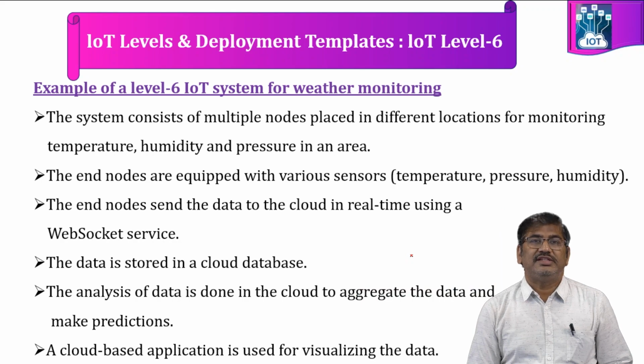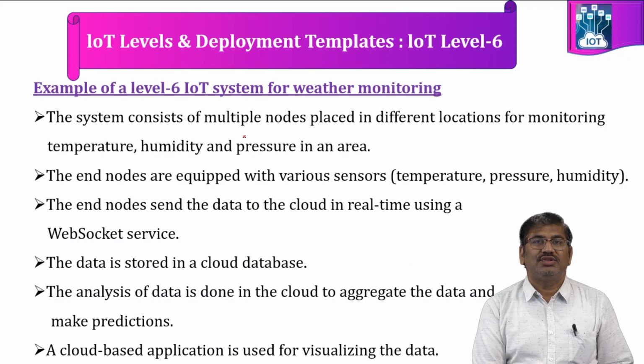An example of a level 6 IoT system is weather monitoring. The system consists of multiple nodes placed in different locations for monitoring temperature, humidity, and pressure in an area. The end nodes are equipped with various sensors such as temperature, pressure, humidity, and CO2 levels.